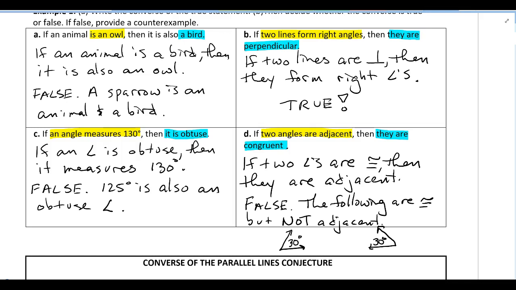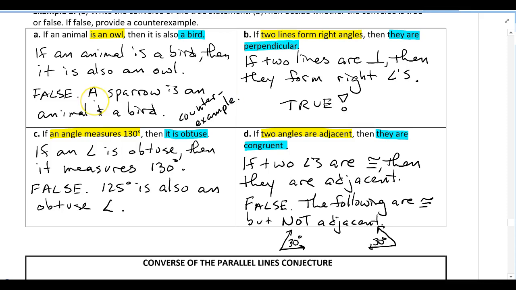So for the first one, our converse is, if an animal is a bird, then it is also an owl. This is false, and if it's false, you want to provide a counterexample. Okay, so this is just one example why it's not always true.